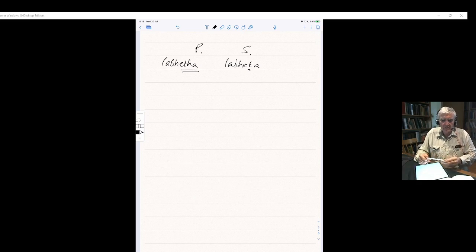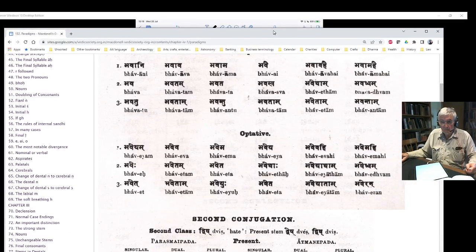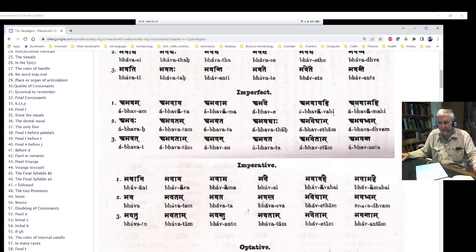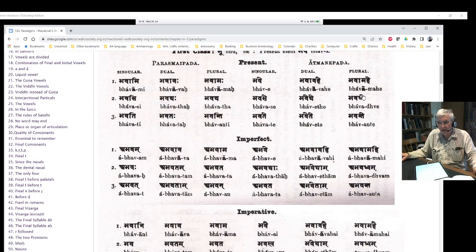In the plural, if you look at bhavemahi, that's right, it uses the same verb that Perniola is using, labhemahi. This mahi is quite characteristic, this ahi ending, bhavamahi, bhavamehe.